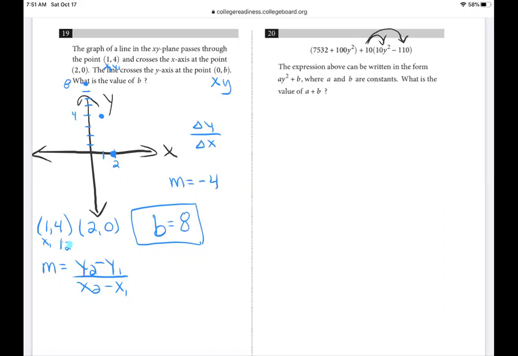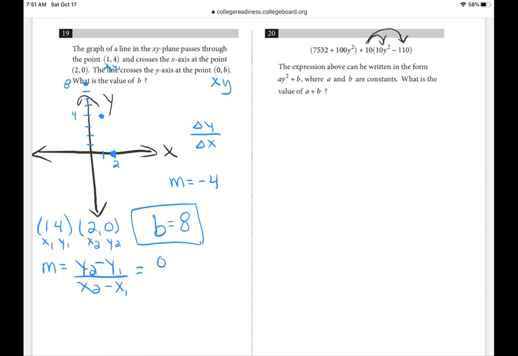I accidentally wrote the 2 there. All right, so now they have the correct labels. First point is your first x and your first y. Second point is your second x and your second y.